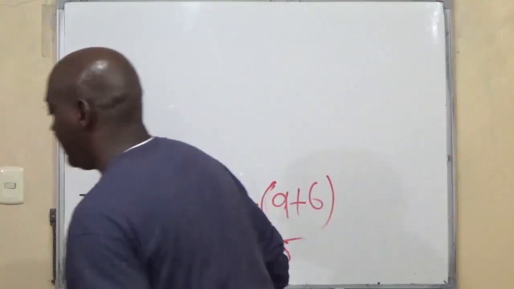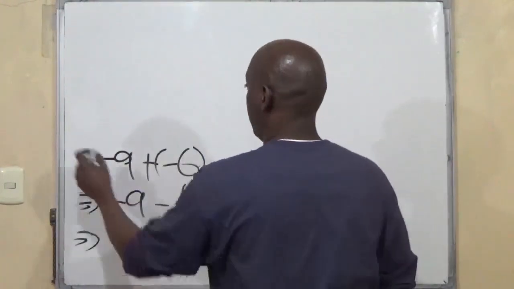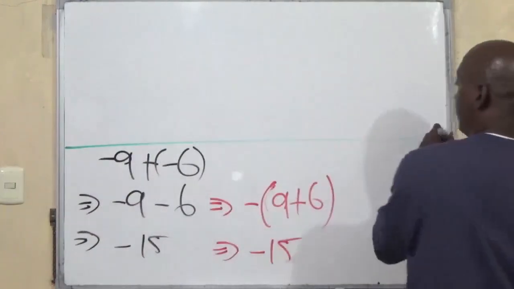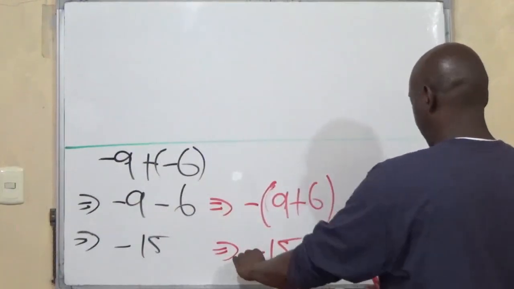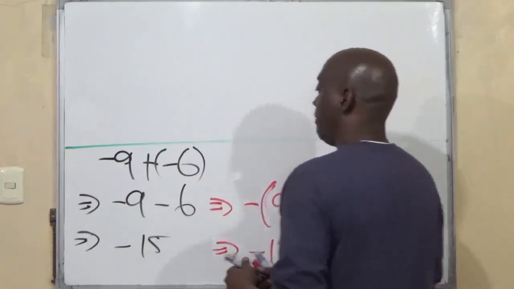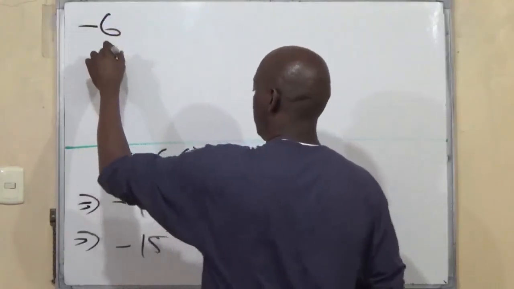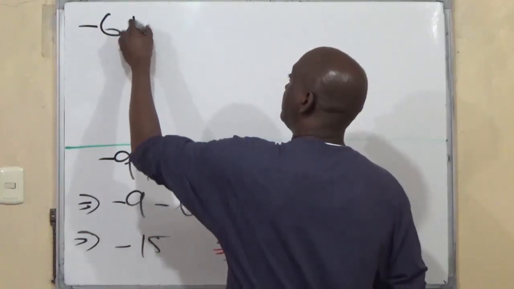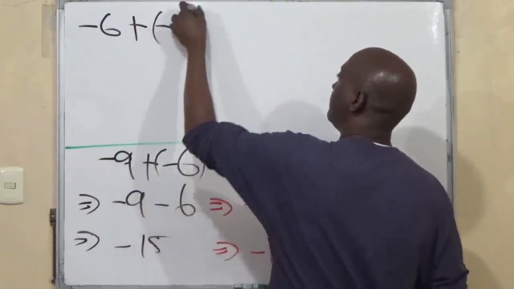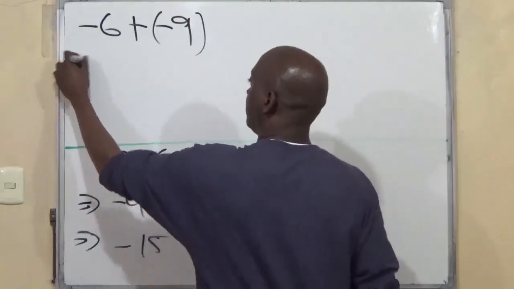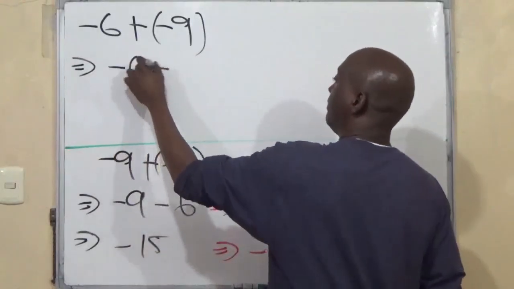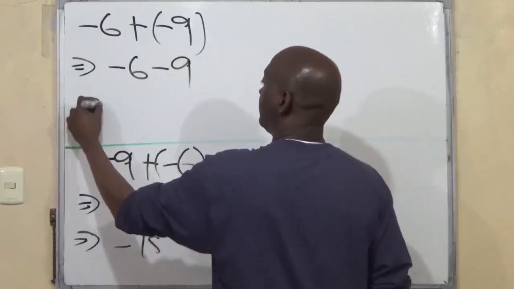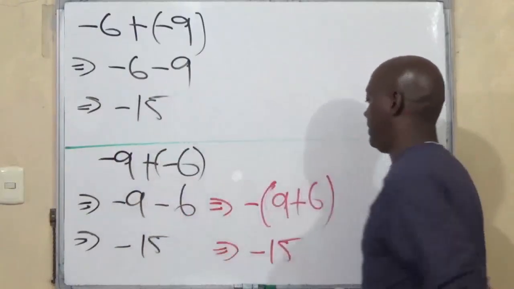We draw a line here. And we say minus 6 plus minus 9 is equal to minus 6 minus 9, which is equal to the same minus 15.